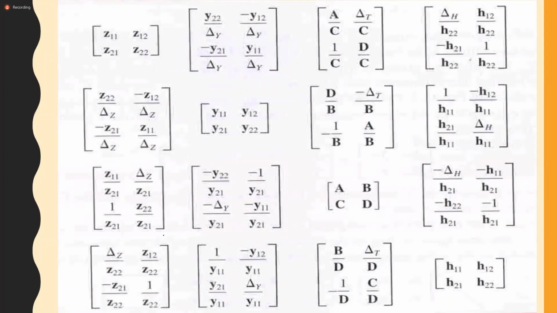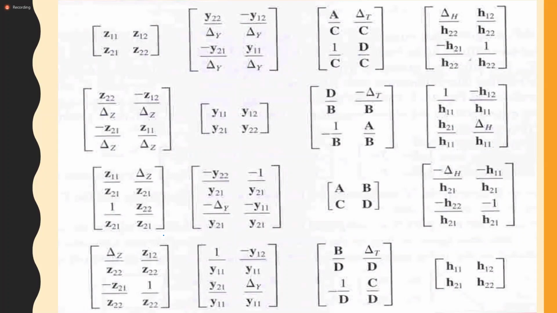Based on all we have done since last Monday, looking at the admittance and impedance parameters, and today hybrid and transmission, you will agree that admittance parameters were easier to derive than the transmission or the hybrid.